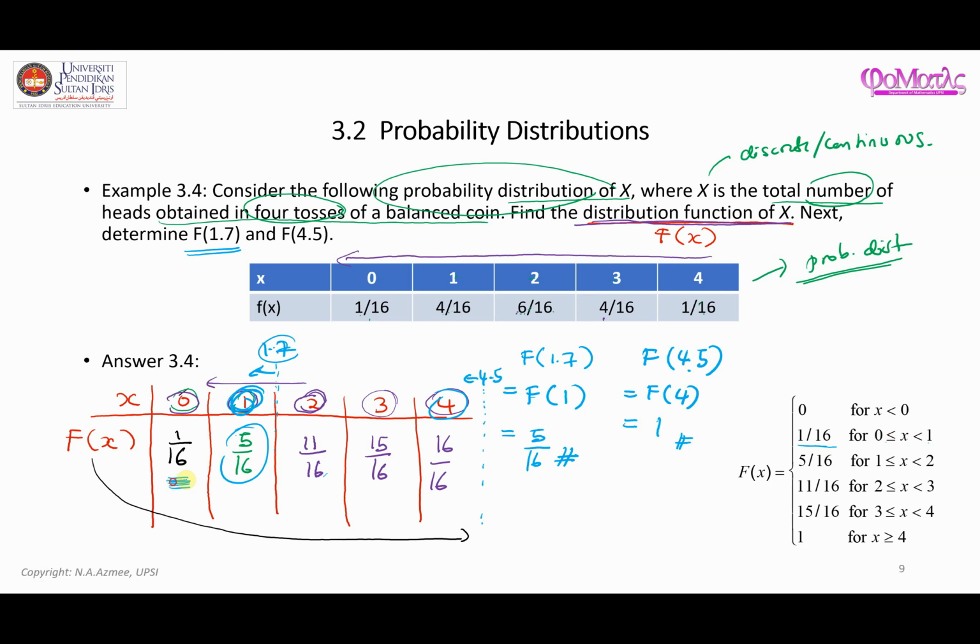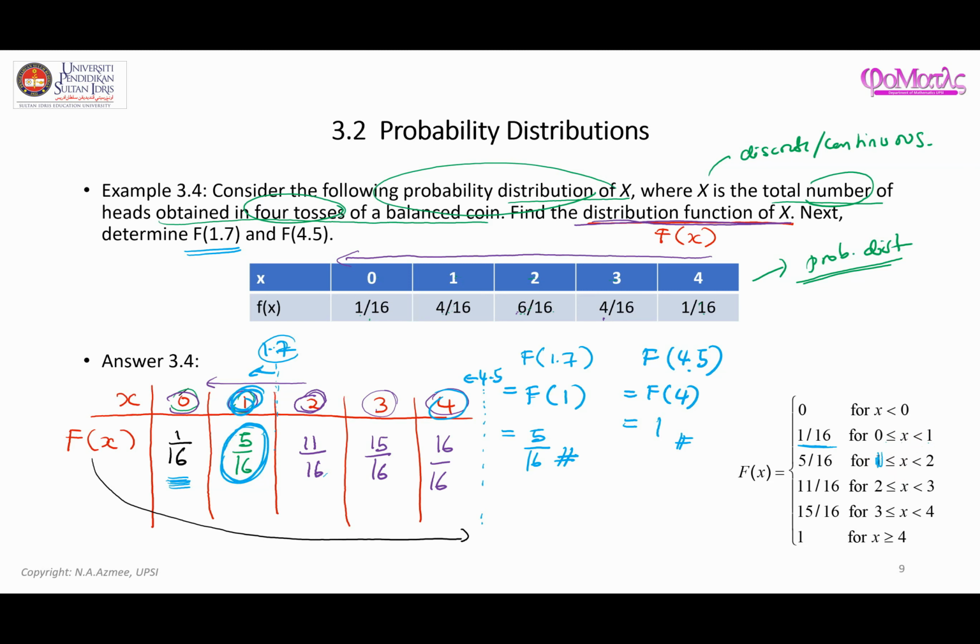It will be equal to 1/16 for x equal to 0, exactly 0, or bigger than that, but less than 1. That means when it is 1, the value of that is 5/16.